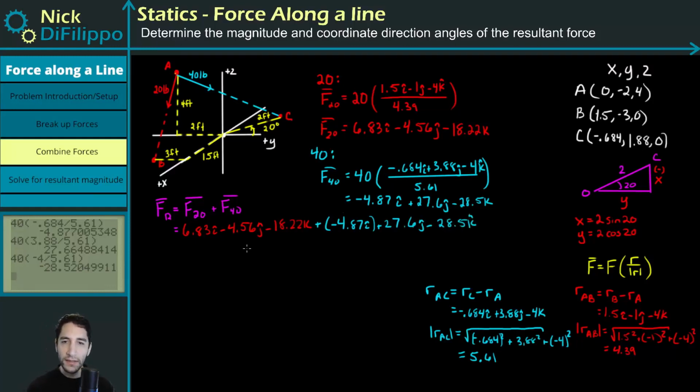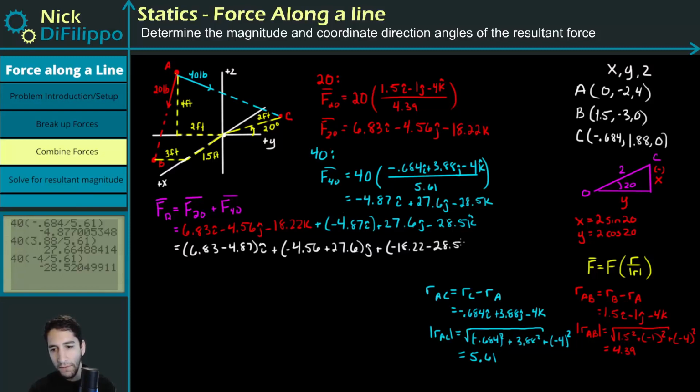We can combine these like terms. So this is going to be equal to 6.83 minus 4.87 I plus minus 4.56 plus 27.6 J plus minus 18.22 minus 28.5 K. So now let's combine these.